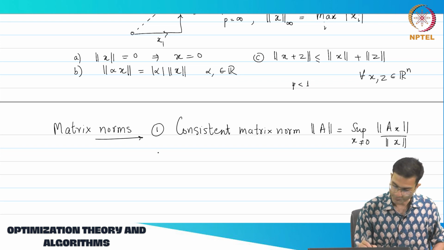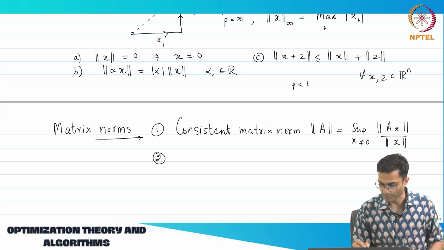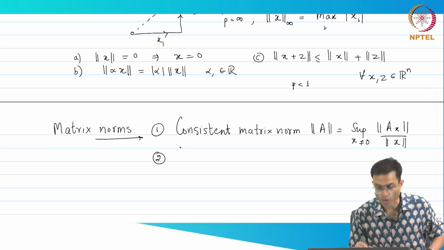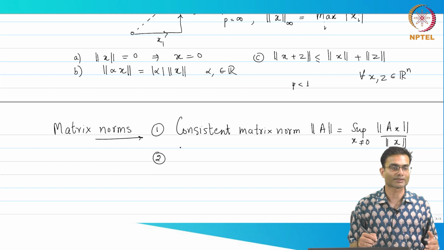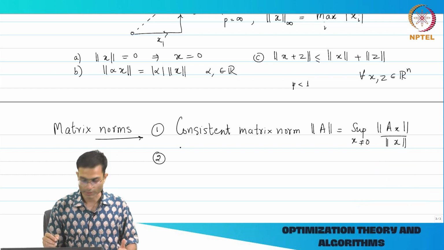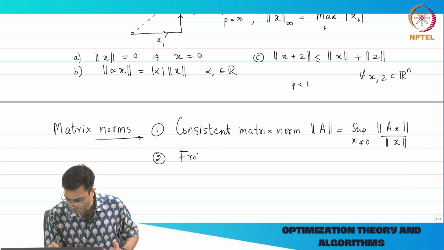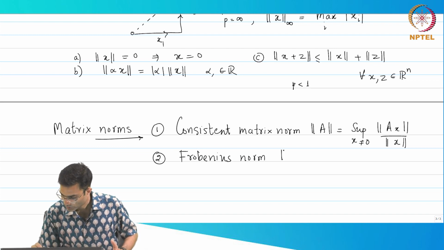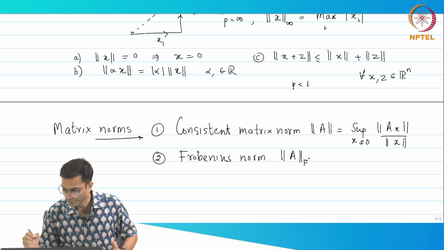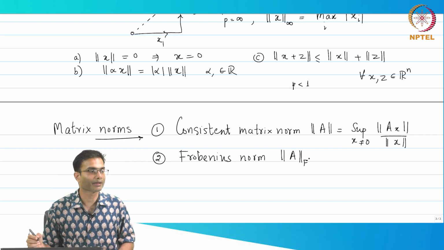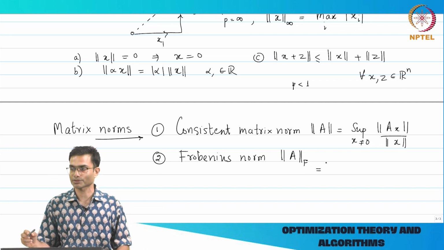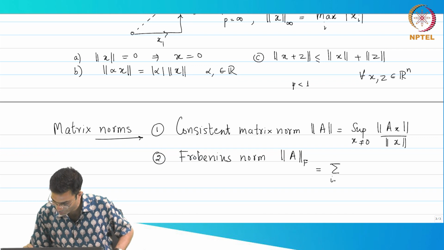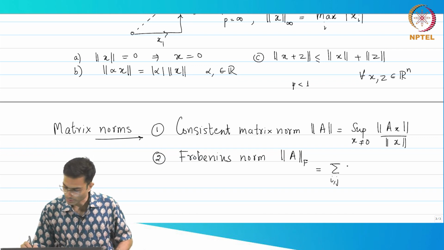Now the other type of norm is, I'll give you an example of a norm which is not a consistent matrix norm, but is used all over the place. It's called the Frobenius norm of a matrix. Many of you may have heard of this. The Frobenius norm is denoted with an F. This is actually a very intuitive definition, which you would have expected to be the actual definition of a matrix norm, but it's not.